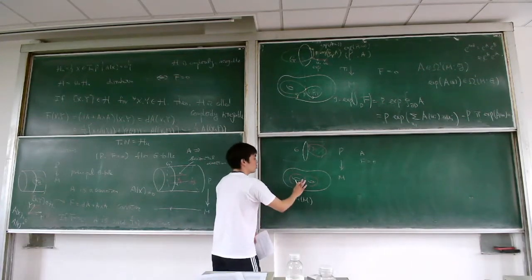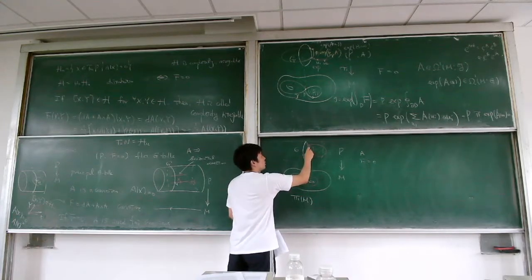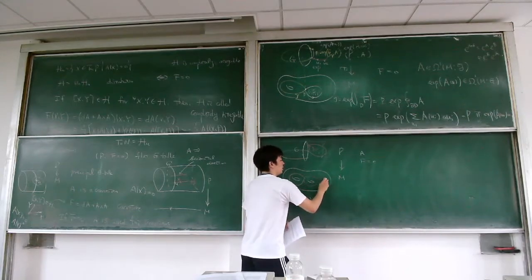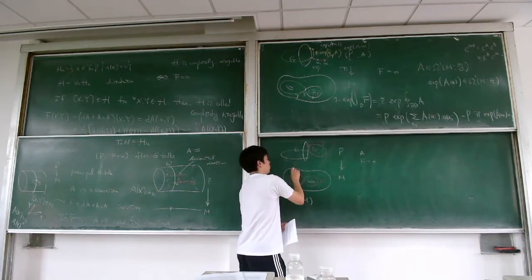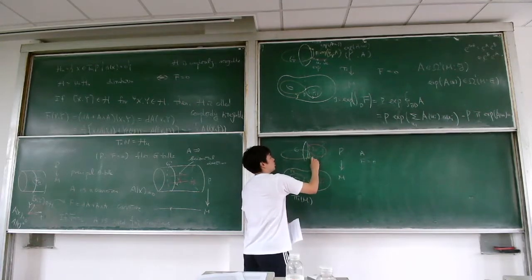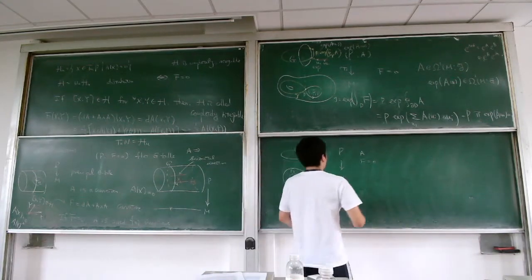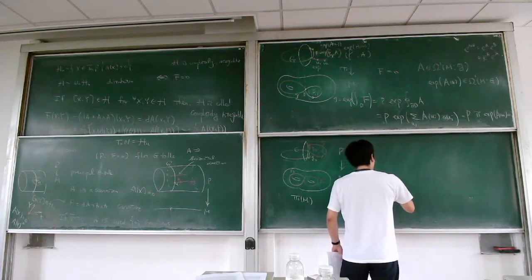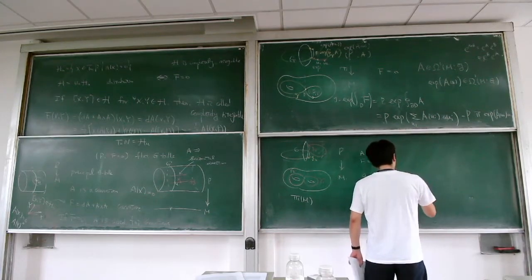Maybe I can use another color. Here, this is gamma 1, and we associate G1. Gamma 2, we associate G2. Gi is the path-ordered exponential of A along gamma i.